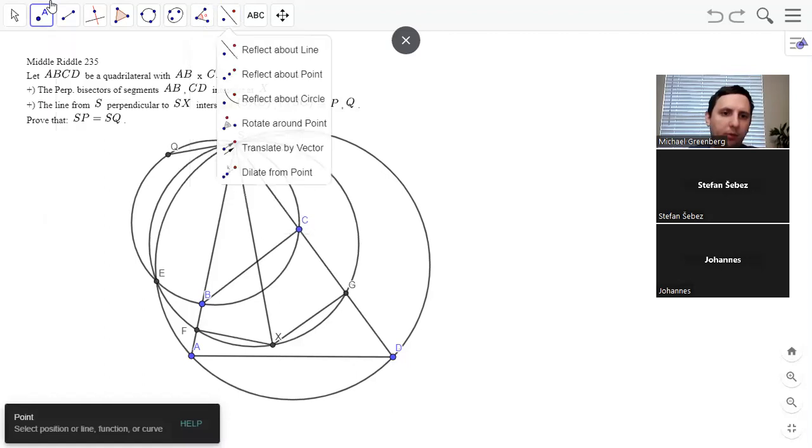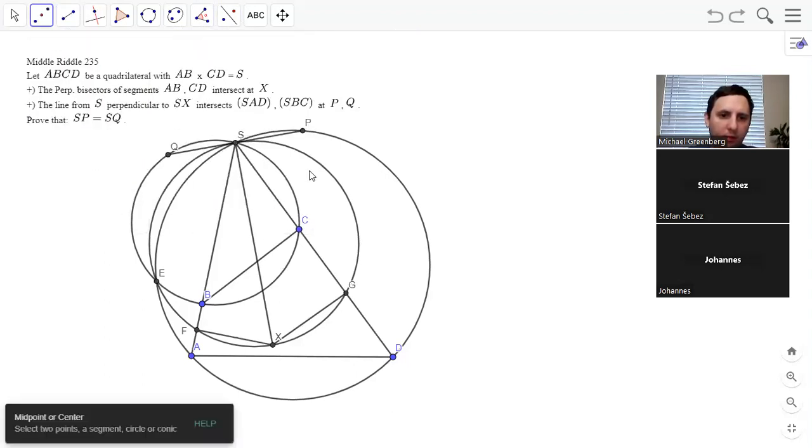So yeah, I wonder if it's worth drawing the center of this circle.